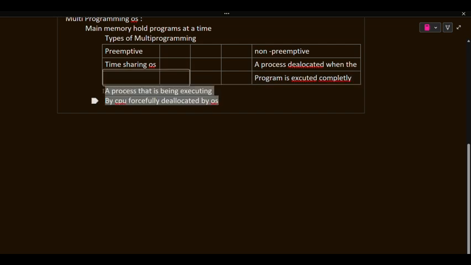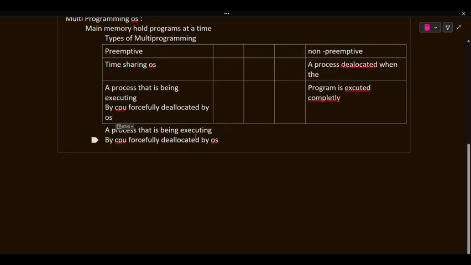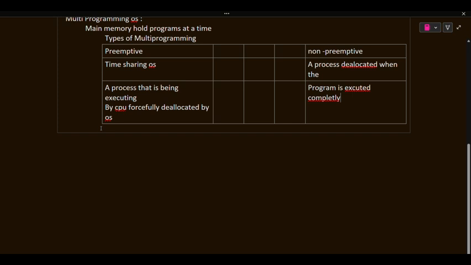What is the use of preemptiveness? Preemptiveness is useful when a program takes very much time to execute. Then in that case, the processes which are in the ready queue will not be allocated the CPU. They have to wait for a long time until the process that is being executed by the CPU finishes.